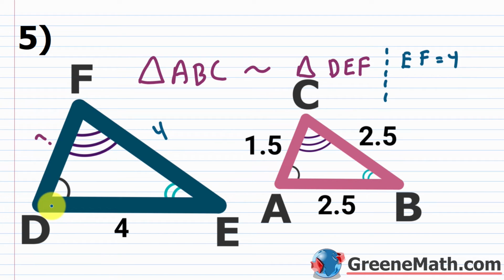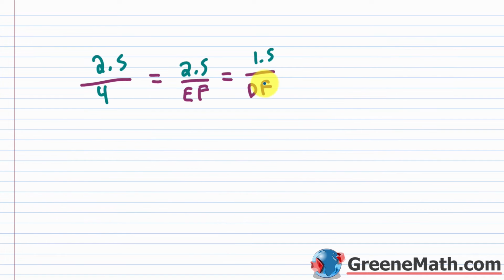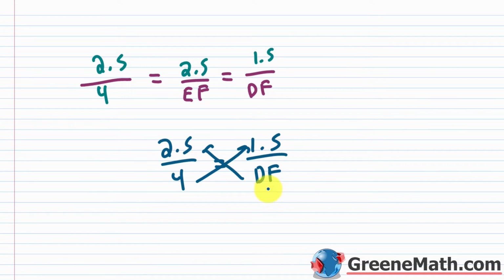Okay, let's find the length of this other guy. So we want DF now. So we have 2.5 over 4 is equal to 1.5 over DF. So let's cross multiply. So we'll have 4 times 1.5, which is 6, is equal to 2.5 times the length of the side DF.